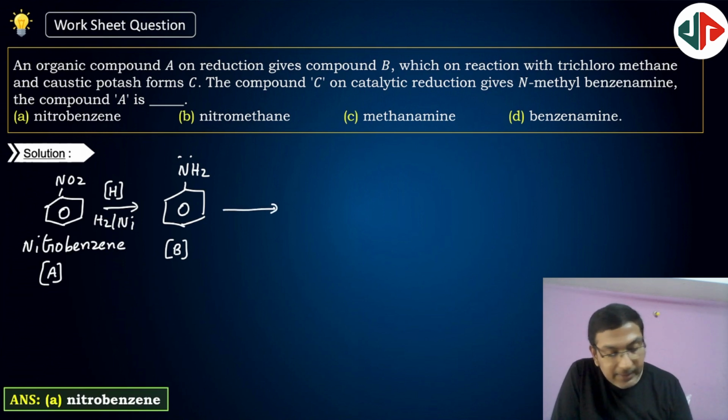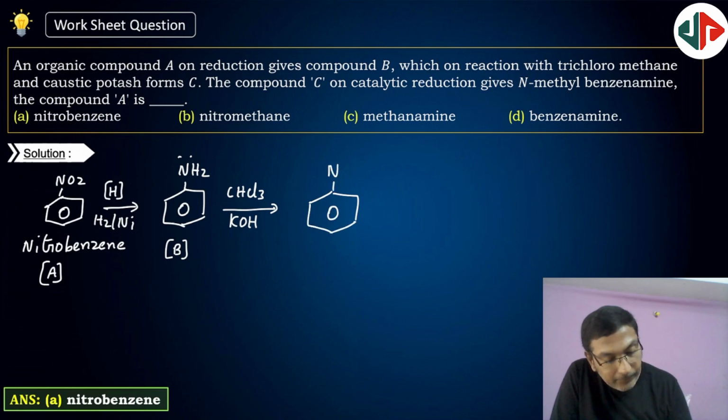Which on reaction with trichloromethane, that is chloroform, and KOH gives the carbylamine reaction. So this gives isocyanide, which is C, the isocyanide test.